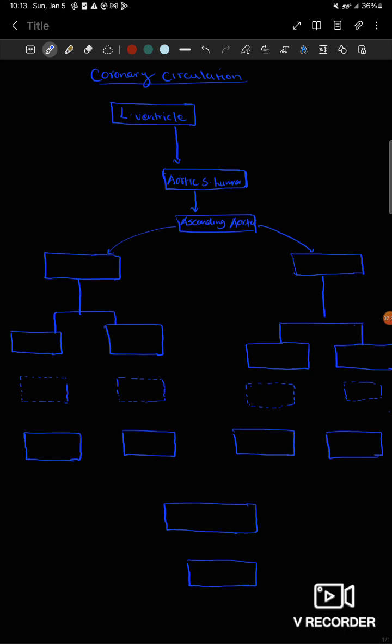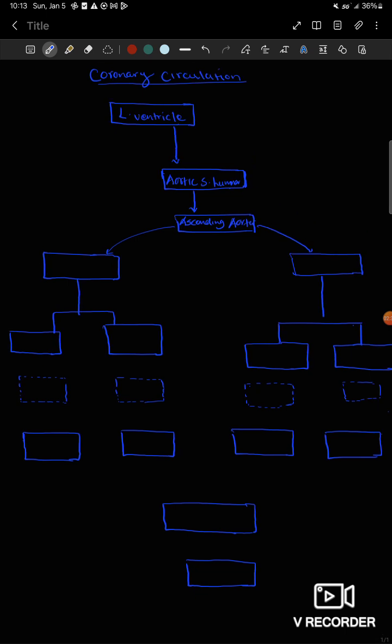After the contraction of the left ventricle, we have what we call diastole. This means relaxation. So this blood is now being sent to the left and right coronary arteries when the heart is in diastole, after the heart is relaxing.